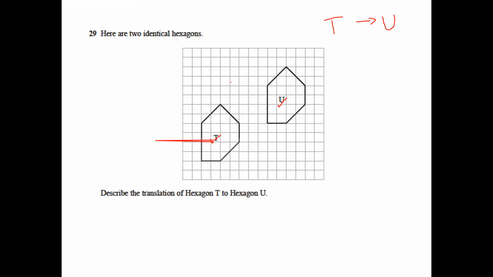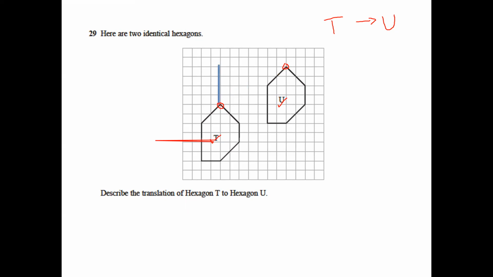Now we'll see. For that, first you have to find 2 corresponding vertices, or the corresponding points. I'm going to see how this shape has translated from T to U by using these 2 corresponding points.